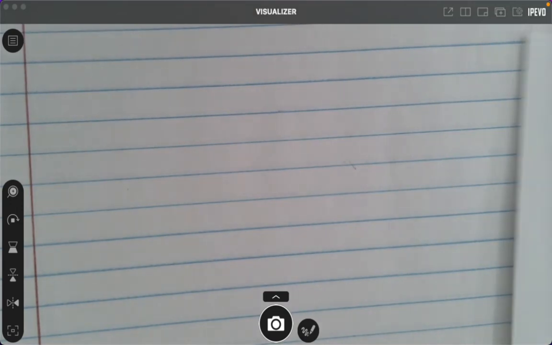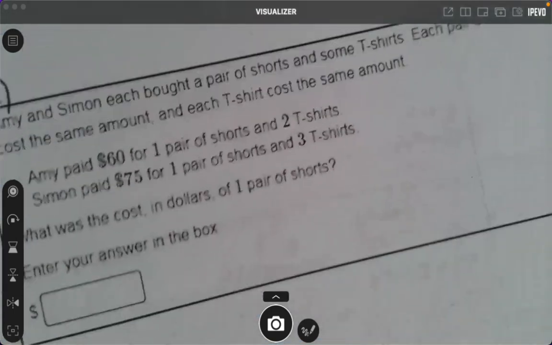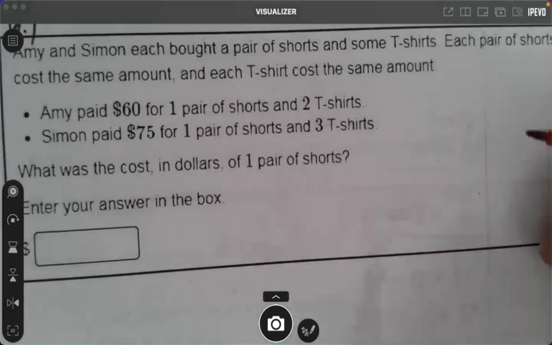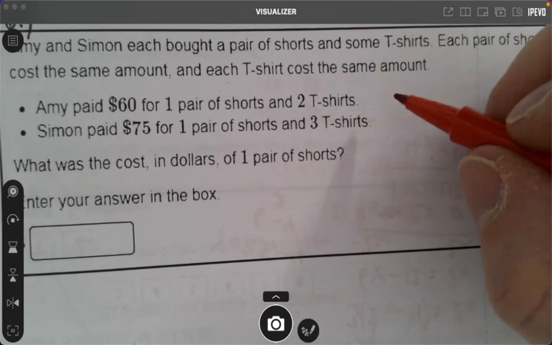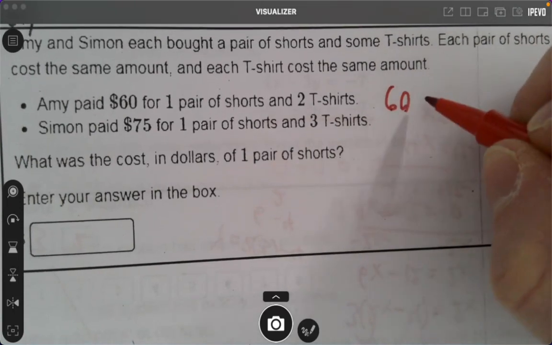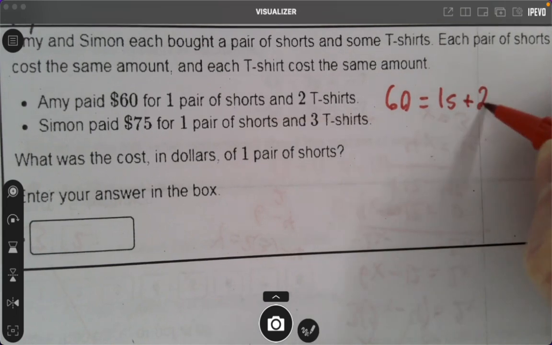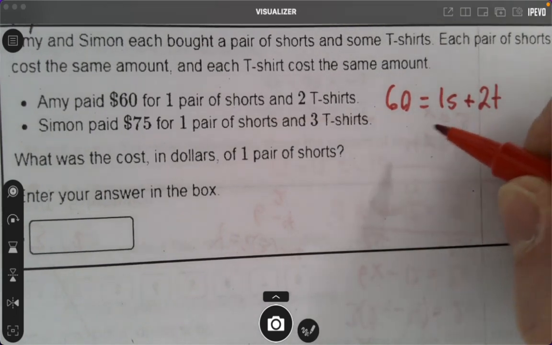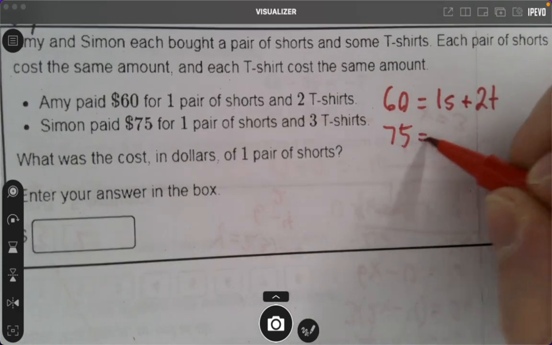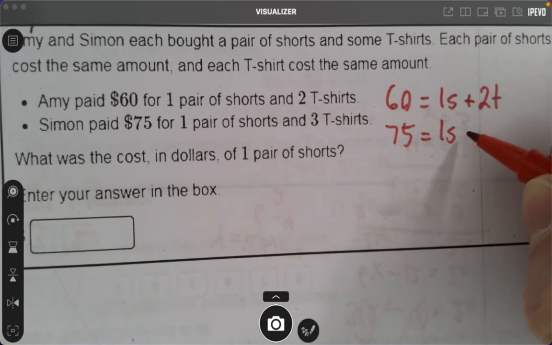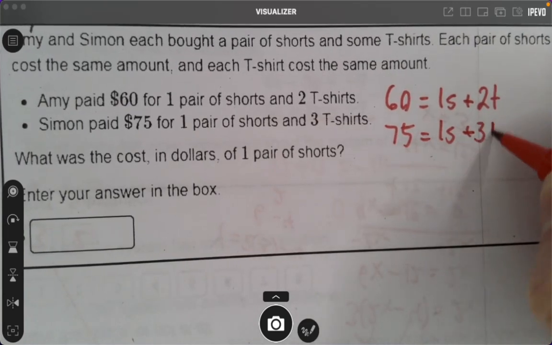All right, number 6. Let's see what we got for that one. Okay. It's another word problem that is going to be done by elimination. So if you read this one, here's how you do it. So Amy paid $60 for 1 pair of shorts and 2 t-shirts. Simon paid $75 for 1 pair of shorts and 3 t-shirts.